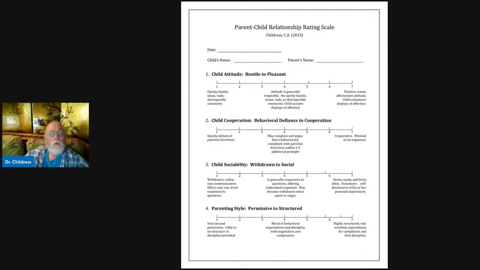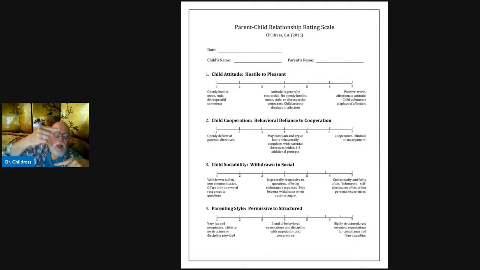And these are rated by the targeted parent on a daily basis. One of the things that does is it corrects the inverted hierarchy in the family. So we have a cross generational coalition and an inverted hierarchy where the child's judging the parent as if the parent were the child and the child were the parent. It's an inverted hierarchy, Minuchin.